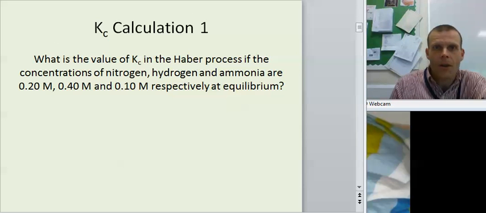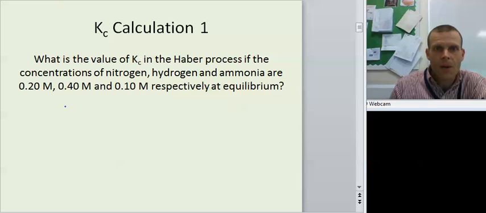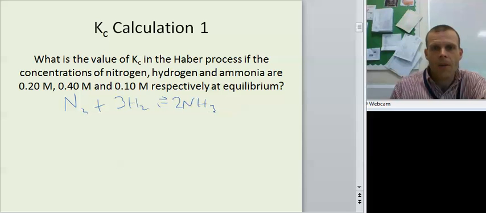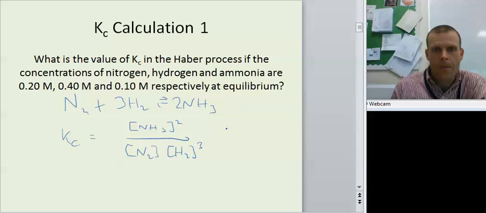We'll start with a hopefully straightforward one. So if we're dealing with a Haber process, we're looking at nitrogen reacting with hydrogen to form ammonia. You can write a Kc expression, which is going to be that over that.